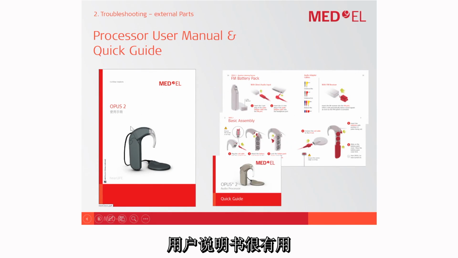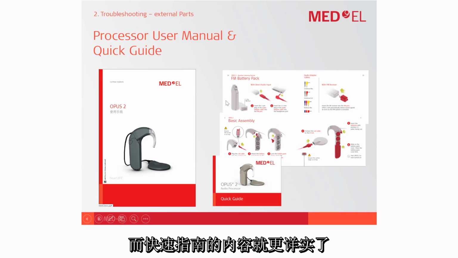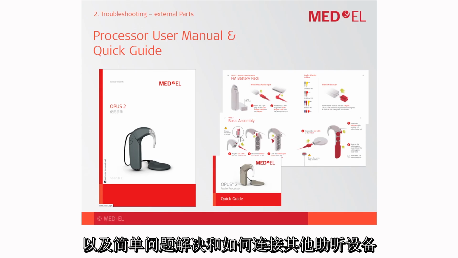So here again, the user manual, it's really a compendium of knowledge, and also includes helpful tips and tricks for daily life and maintenance, whereas the quick guide is a more condensed format and includes very nice illustrations how to disassemble and assemble the processor, how to perform basic troubleshooting, and also how to connect assistive listening devices.